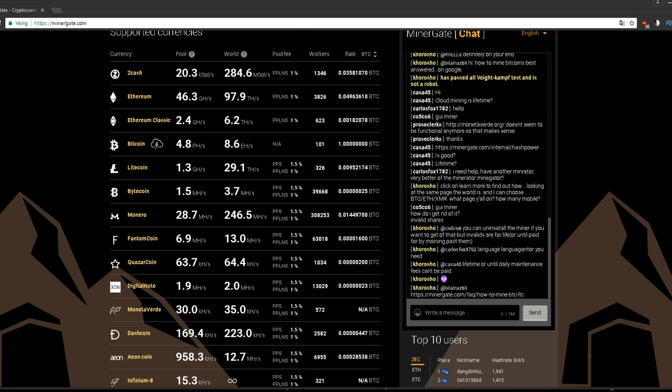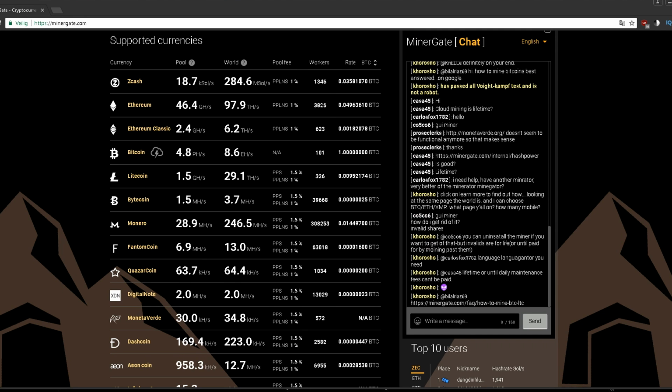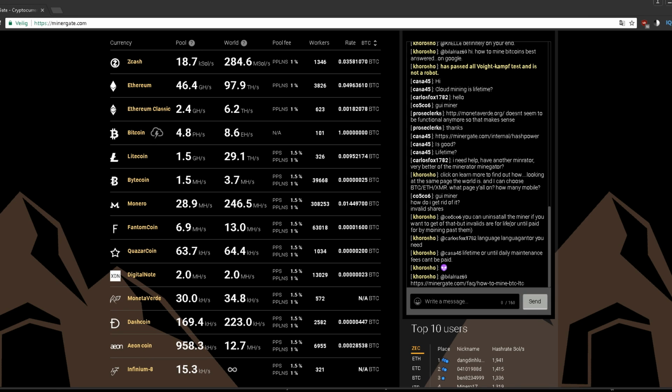But you can see that there's not many workers, and if there's not many workers, it tells you that people aren't interested in mining it, or something is wrong, or it can mean many things, but that already gives you a hint. Hey, what is going on Infinium 8? Is that a good coin? Well, if you can see here, probably not, because there's not too many workers. So they can actually give you a good idea on what is wrong or what is good.